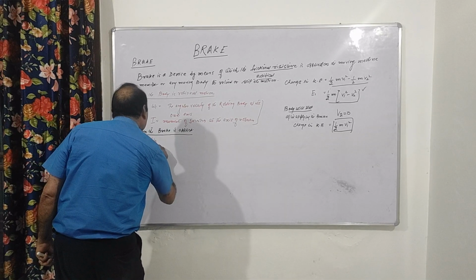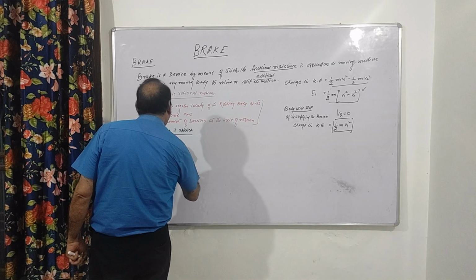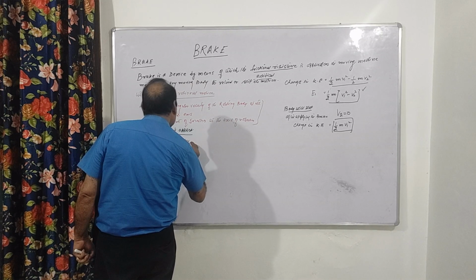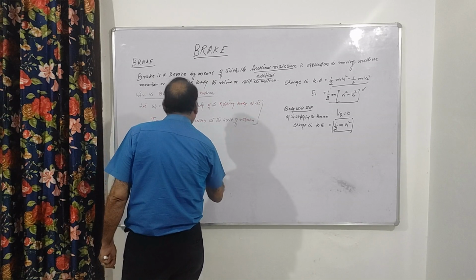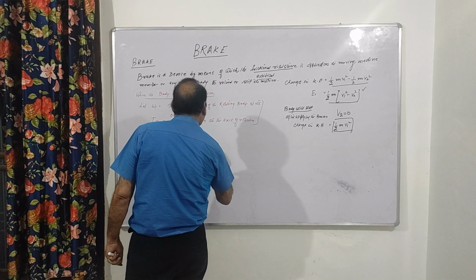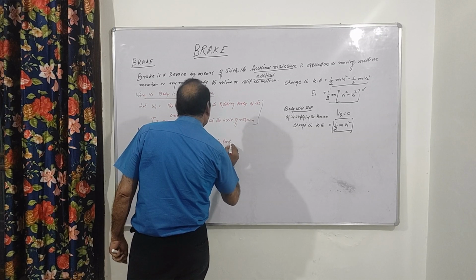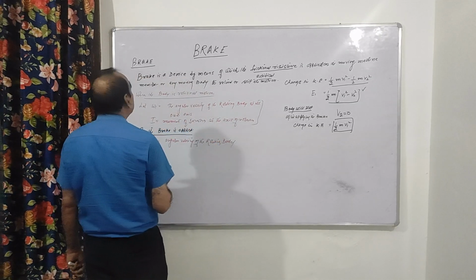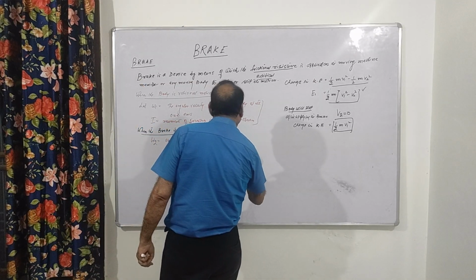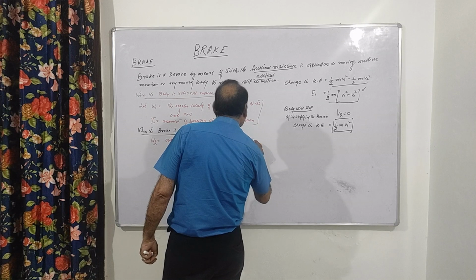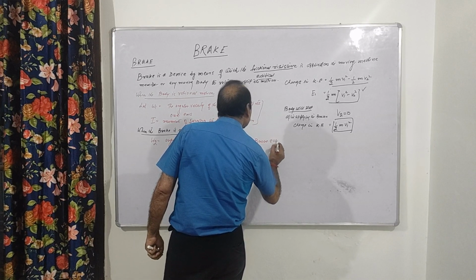Omega 2 is the angular velocity of the rotating body after the brake is applied.